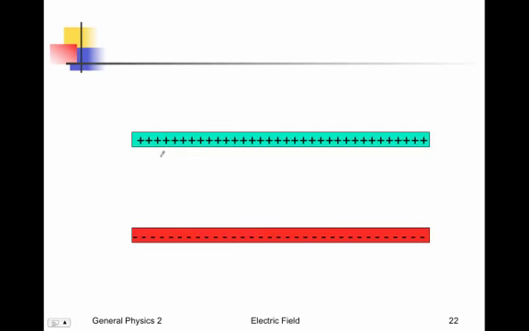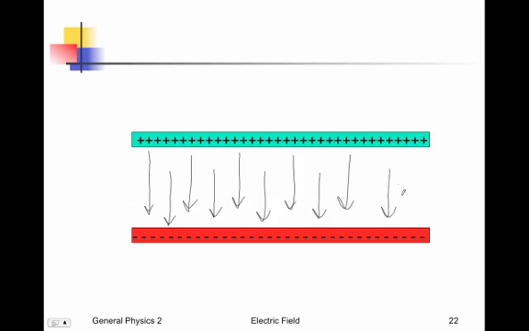Let's blow this up a little bit. I have this field here due to the positive, and the field due to the negative is going towards the negative plate. So we can see that the field between the plates adds, just because of the direction of the field due to these plates.